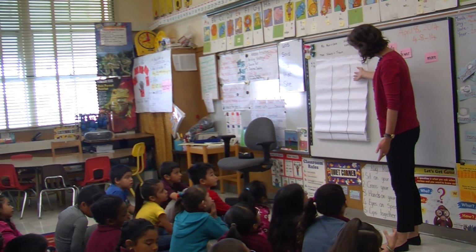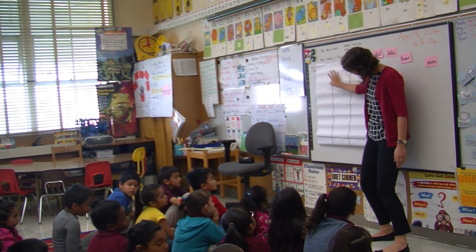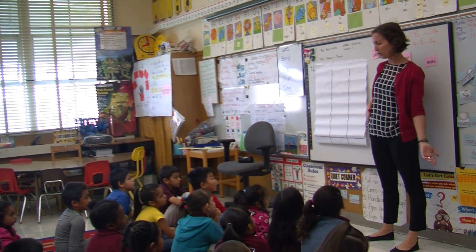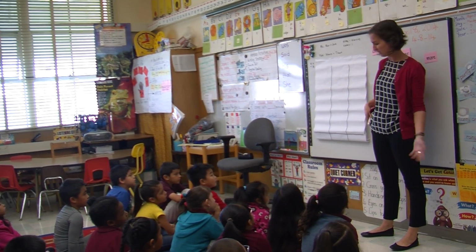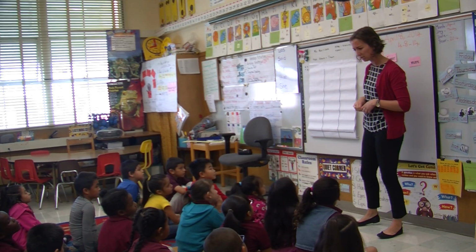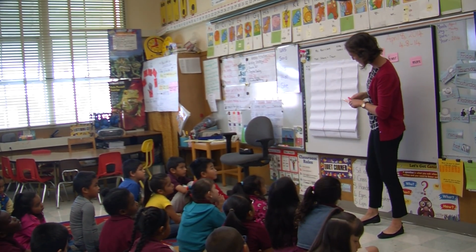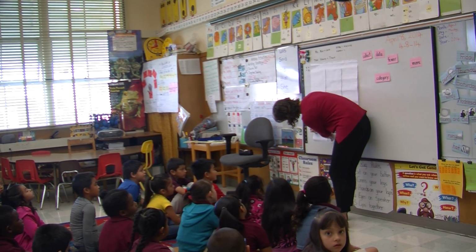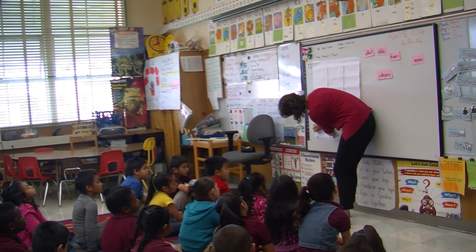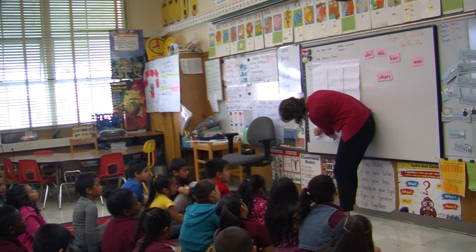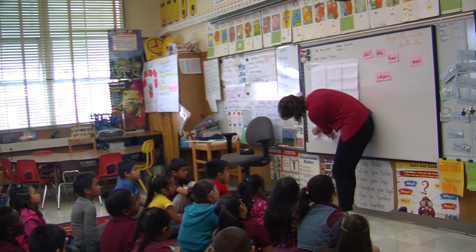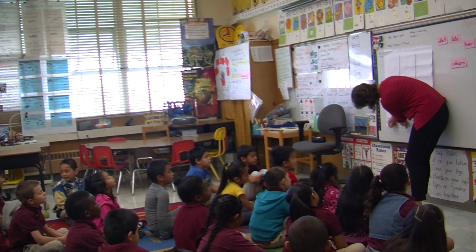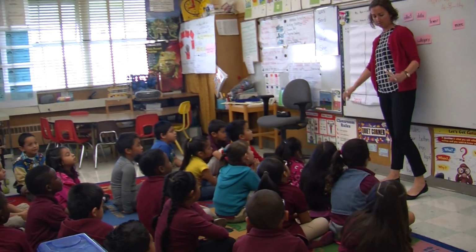So on a graph, we have our different areas. Now I need to label the graph so that we know what we're looking at. So I borrowed some markers from your teacher. And let's see, we are going to use cherries. Cherry. Yummy.